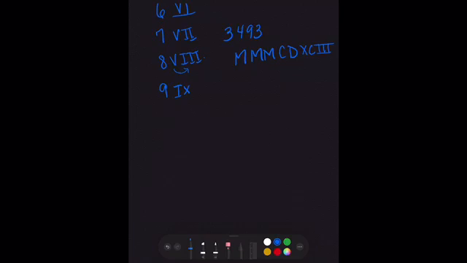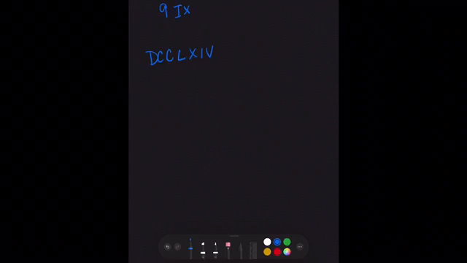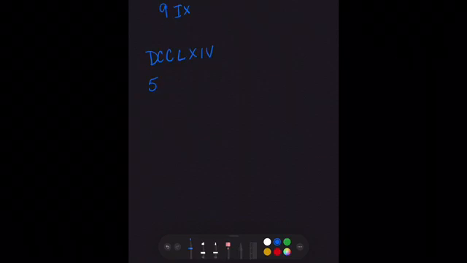Okay, so then we have some that say write the number represented by the following Roman numerals. So our first one is D, C, C, L, X, I, V. So D is 500.